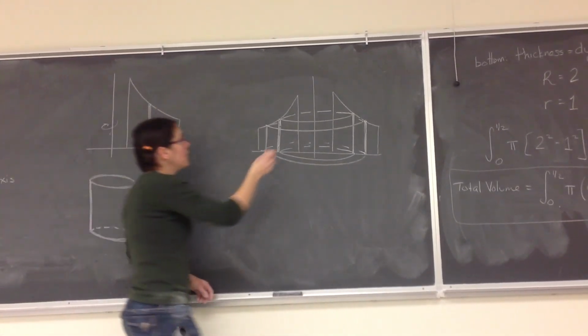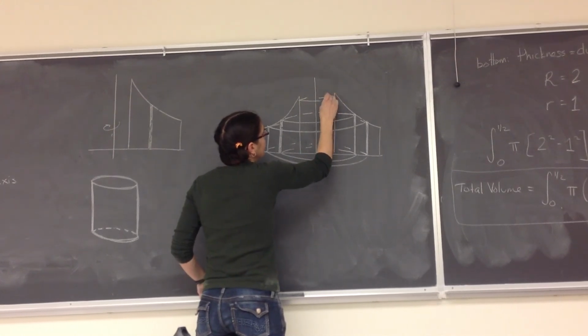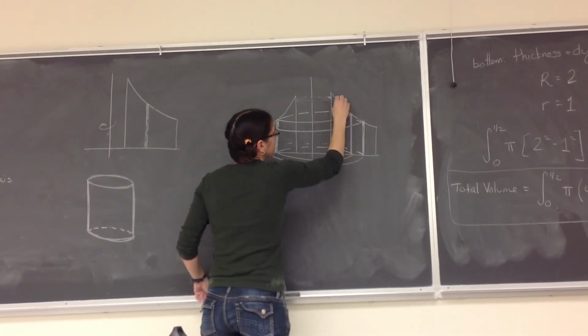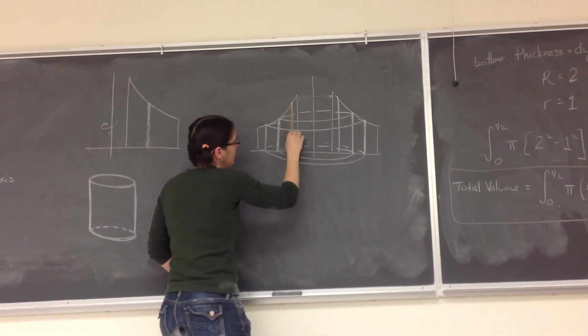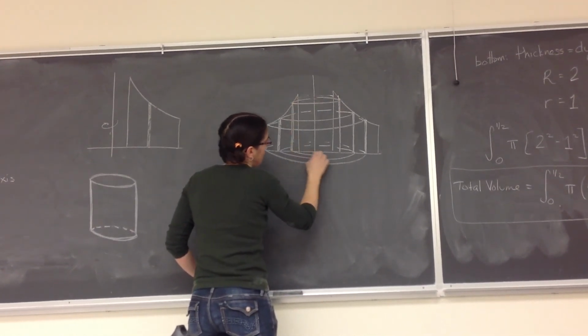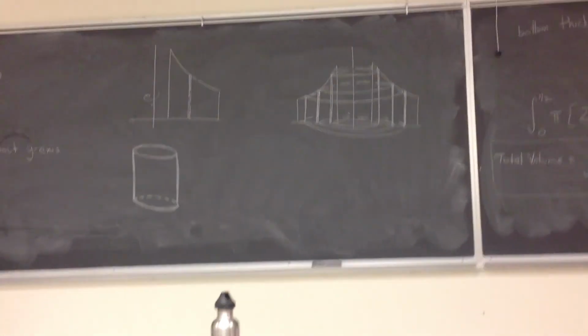And we have a really tall one right here in the middle. And so we have a whole bunch of these soup cans. Some are skinnier than others and taller, and others are shorter and wider. But in the end, we have a bunch of these nested soup cans.